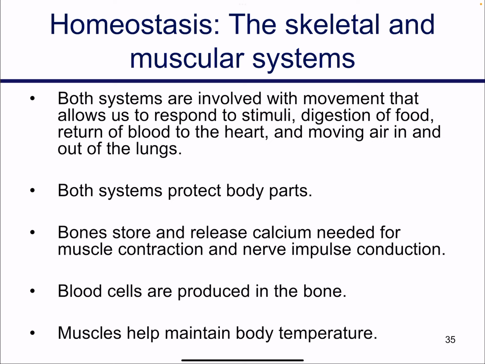You have the parathyroid hormone and calcitonin, which are both involved in controlling the amount of calcium, right? So now we are talking about the involvement of the endocrine system. So you see that the skeletal system and the muscle system are both involved in homeostasis here.